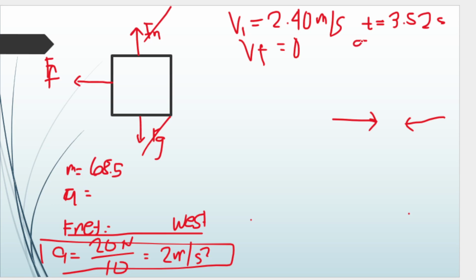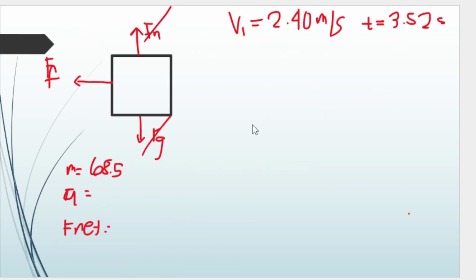Okay, and then we'll find the acceleration. Okay, so final velocity 0, acceleration is missing or mao na tong ipangita.